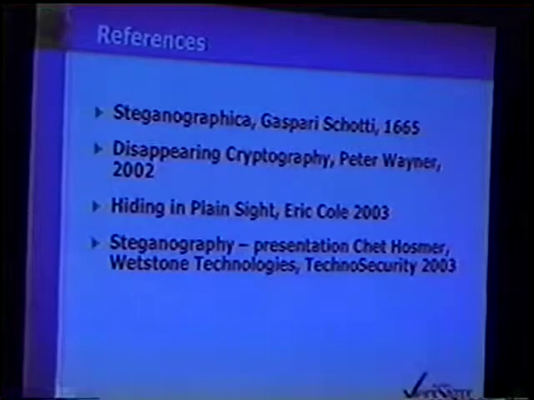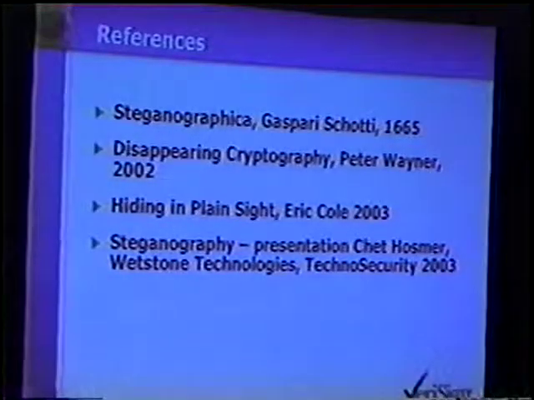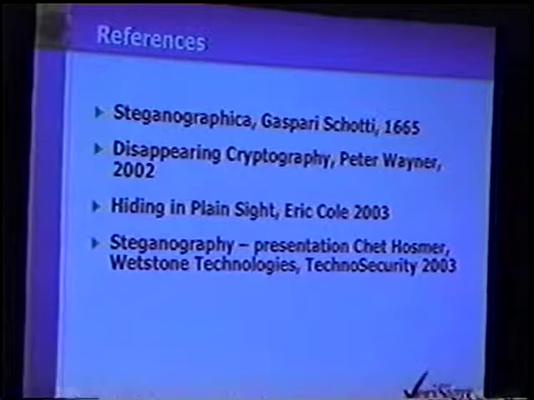There are a couple of good books out there. Disappearing Cryptography by Peter Wayner is an excellent book. Very technical, with a lot of statistical analysis, but if you really dig that stuff, it's excellent. Eric Cole is another big stego guy. Anybody been to any of Eric's presentations or classes? Eric Cole works for SANS.